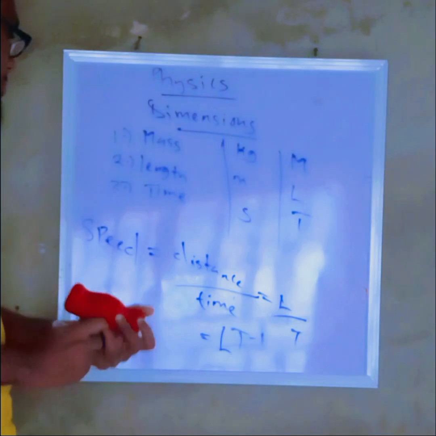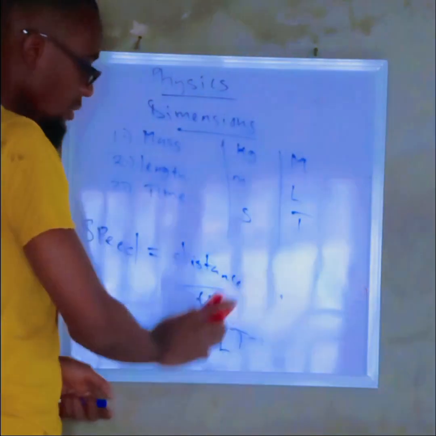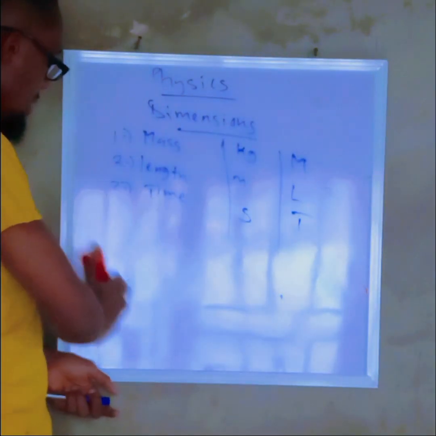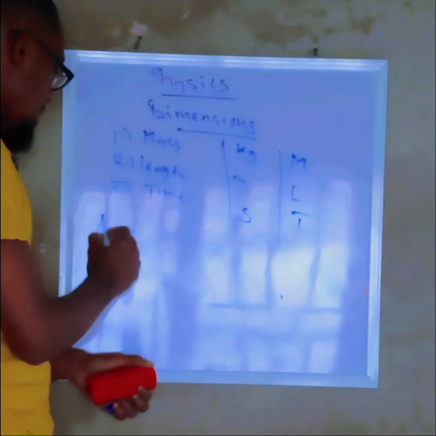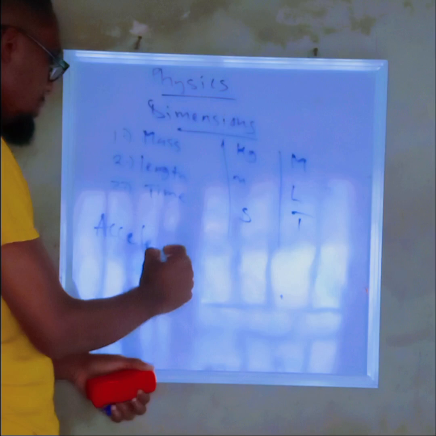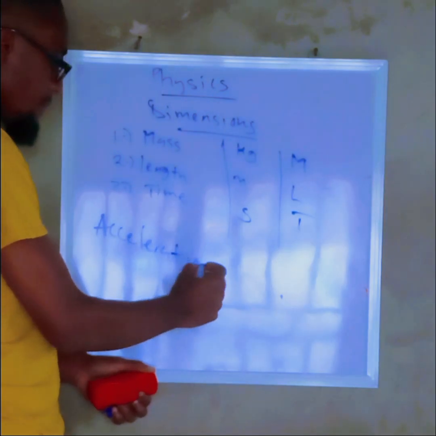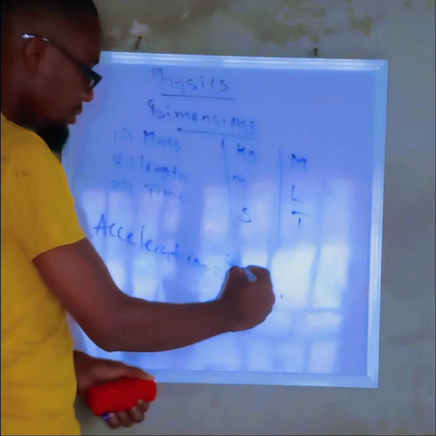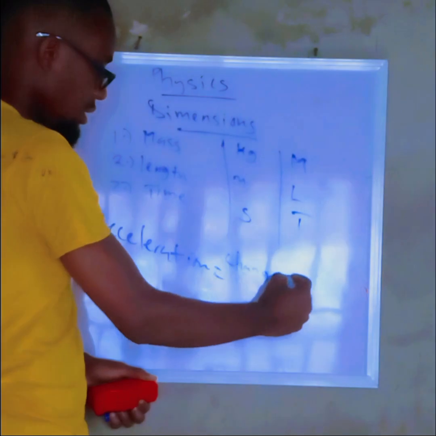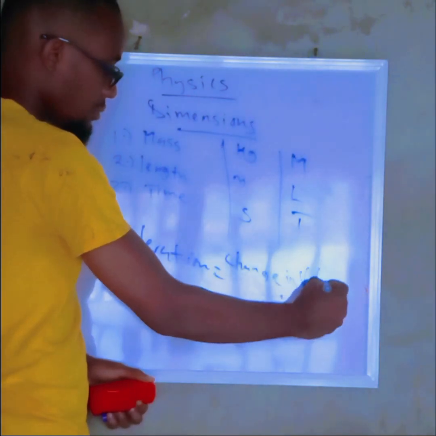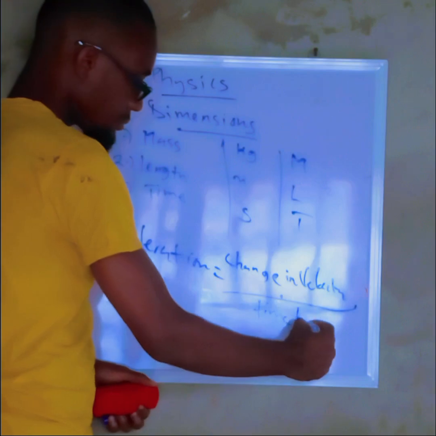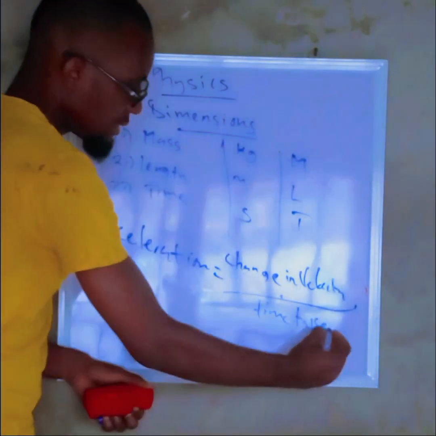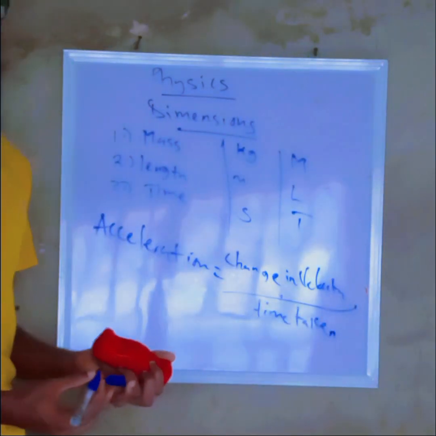So we can also find the dimension for acceleration. What is the formula for acceleration? Change in velocity divided by the time taken for the change. And remember that I told you velocity and speed have the same dimension.